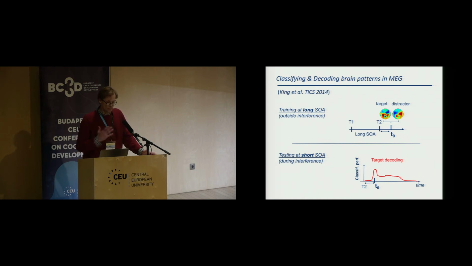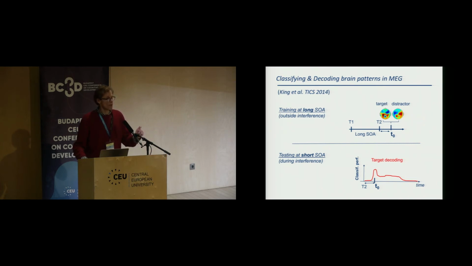So you will have, as you can see, two topographies, one average topography for target, one average topography for distractor, and you simply build a classifier that can discriminate between the target and the distractor. And so the classifier will learn these topographies.